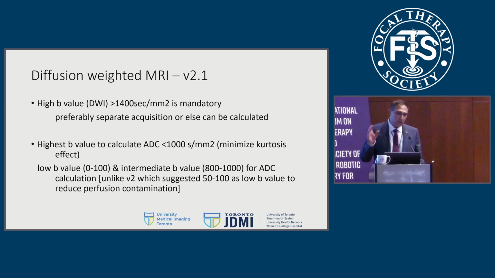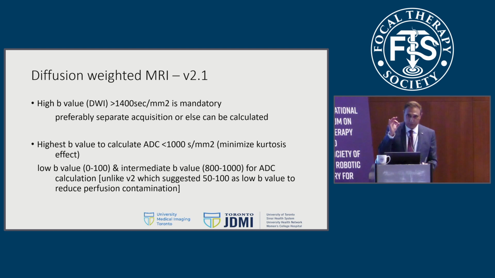And when you're looking at DWI, it's important that you're analyzing the high B value. If you look at PI-RADS version 2.1, it mentions that it is mandatory to have a high B value of over 1400. So that's very important. And when you're generating an ADC map, an ADC map actually helps us to quantify the amount of restriction, right?